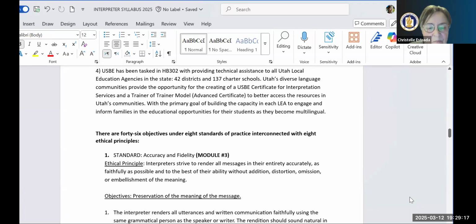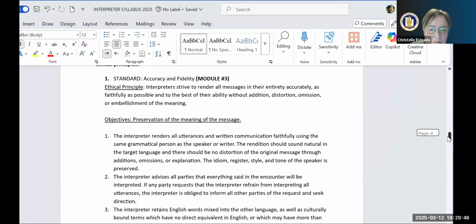Okay, so remember that piece is really important, fidelity. And someone asked me, there is a sequence in the course about jotting down some notes so that you're clear and making sure that, again, you're not explaining the meaning of what the person is saying to the parent. You're saying exactly what the teacher or the person who's leading the meeting is actually saying. Okay, so here are the objectives. Preservation of the meaning of the message.